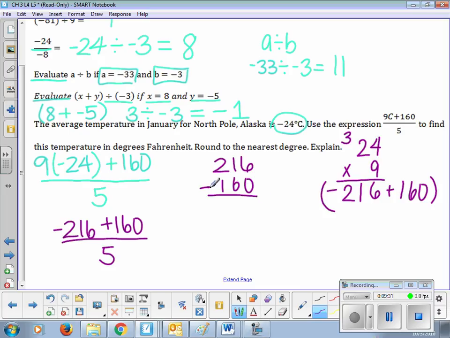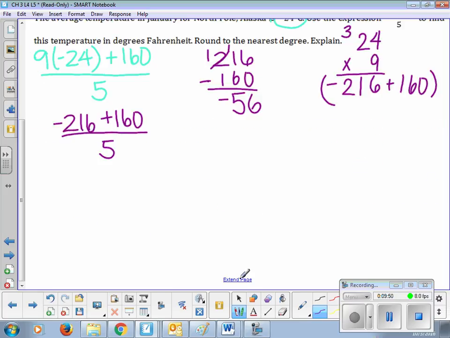What is 6 minus 0? 6. Can I do 1 minus 6? No, so I'm going to borrow. 11 minus 6 is 5. And we take the sign of the bigger number. Our bigger number was negative, so this number is going to be negative. And our last step, we plug that in, negative 56 over 5.